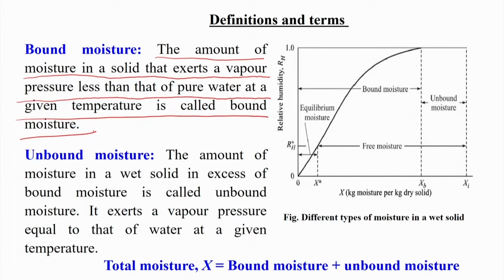If we look at relative humidity versus moisture content, this amount of moisture, suppose X_b, is the bound moisture. It is the amount of moisture present inside the wet solid that exerts a vapor pressure less than that of pure water at that particular temperature and pressure.